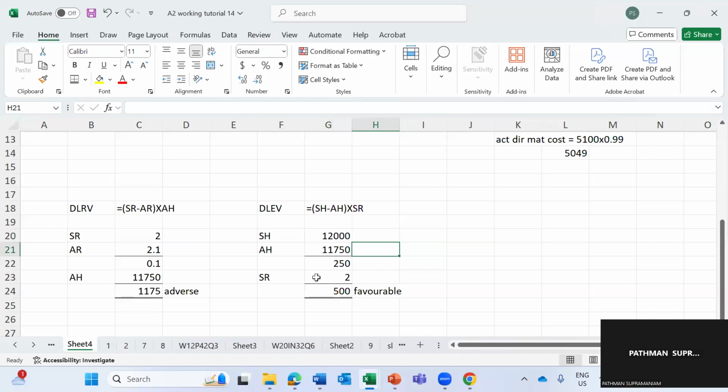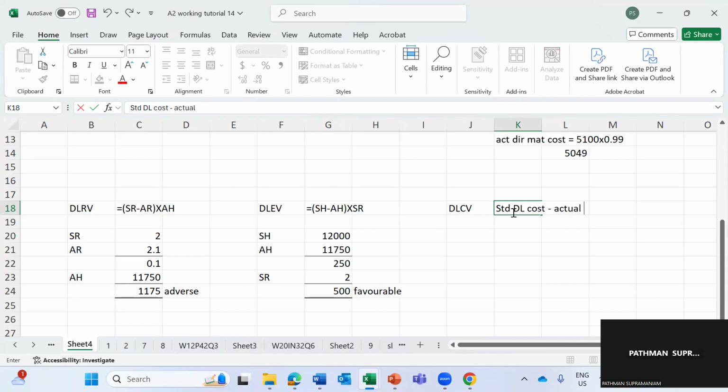Okay, so then the direct labor cost variance can now be calculated. It is the standard direct labor cost minus actual direct labor cost. I could have otherwise written this as actual direct labor cost minus standard. Like I said, it doesn't matter how you write it, it's just the difference that we want to capture.